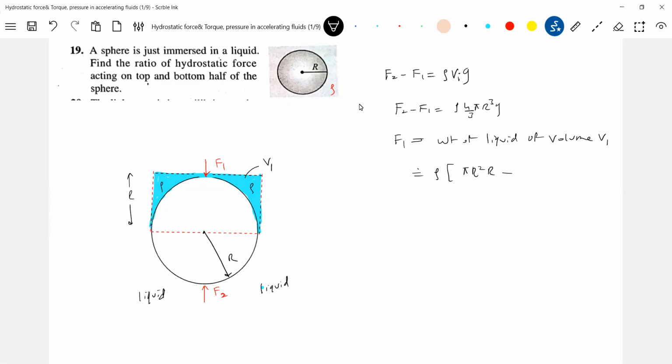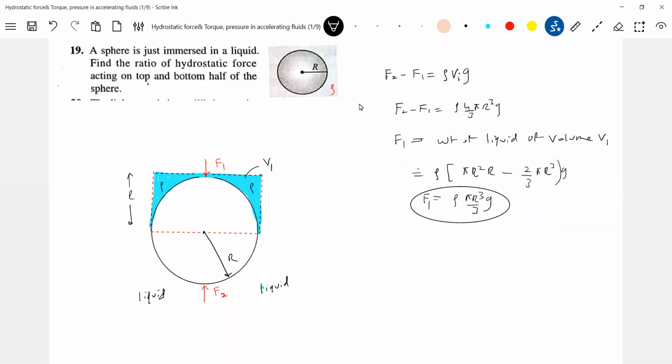In that, we subtract the hemisphere, 2 by 3 pi r cube. How much will it come? Pi r cube by 3 into g. Rho into pi r cube by 3 into g. This is F1. Now I know F1.